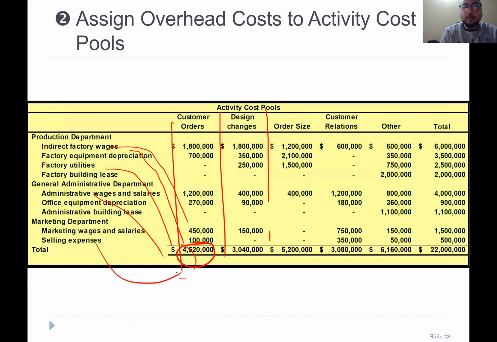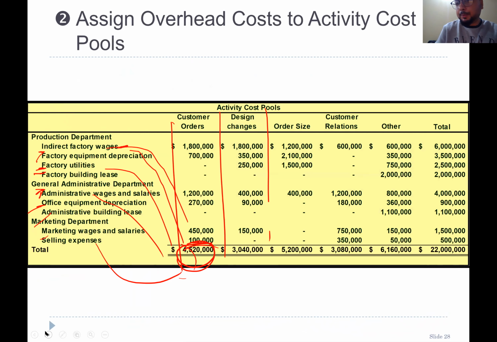So for example, the customer orders cost pool is 30% coming from indirect wages, 20% coming from factory equipment depreciation, and then 0%, 0%, and then we have 30%, 30%, 30% and 20%, right? So this is called the cost pool, right?